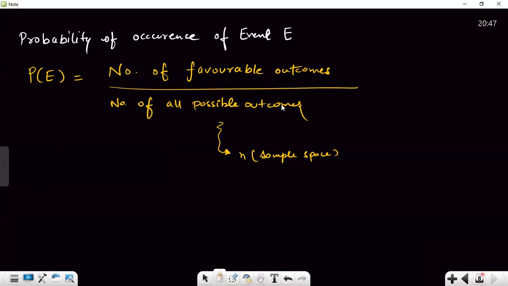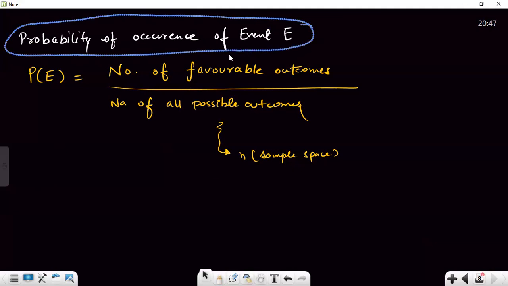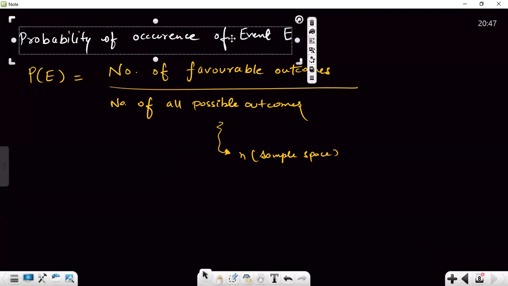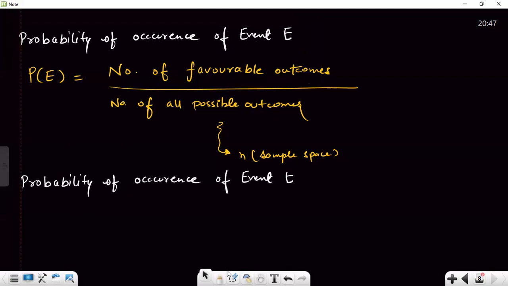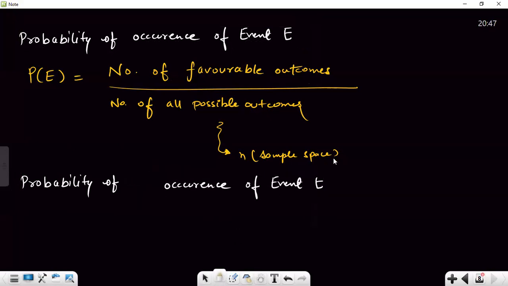But what if we have to find the probability of event E not happening? What if we have to exclude event E? Then what is the formula? We are simply going to apply some old tactics that we learned in sets, where we find the complement.